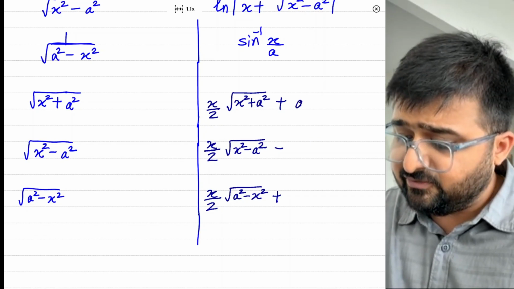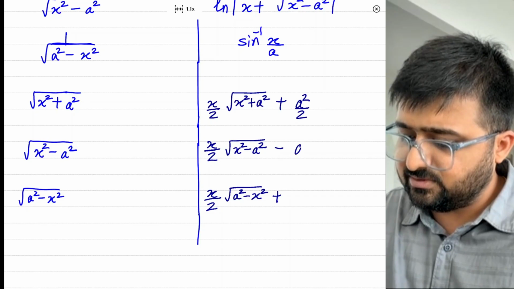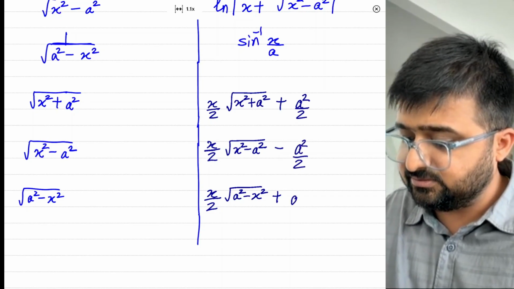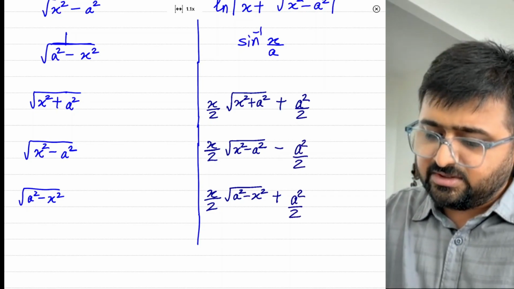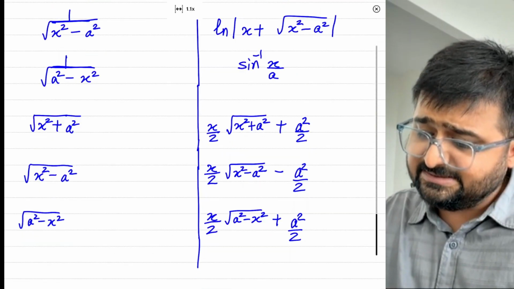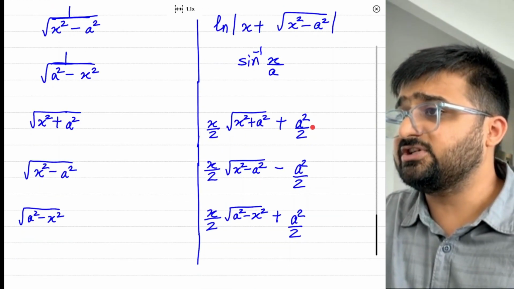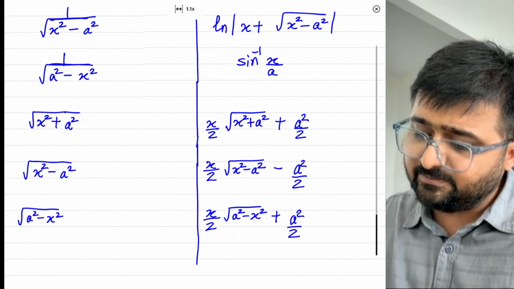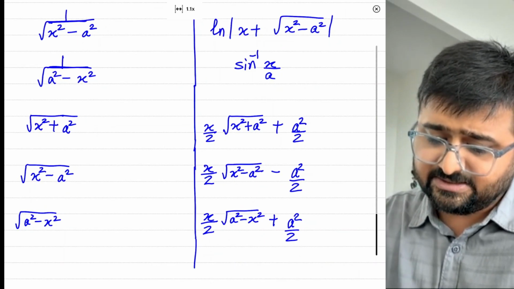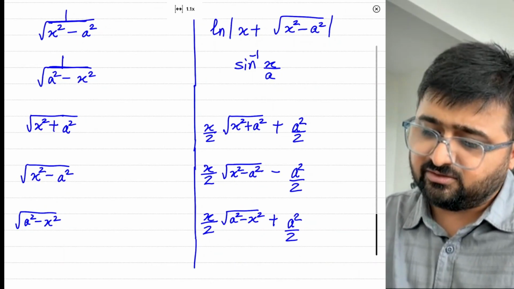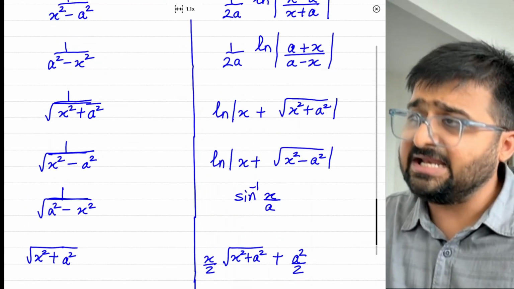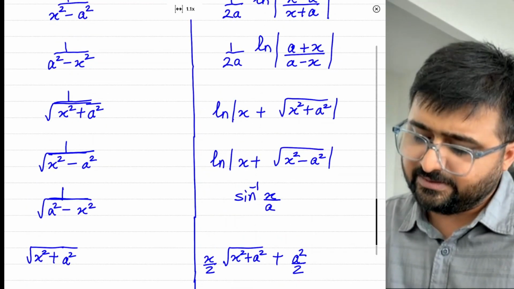And then we have a square by 2 everywhere. So a square by 2, a square by 2. After that, in that a square by 2, just multiply the formula of the reciprocal that you have for these. So for example, the integral of the reciprocal of this is nothing but ln of x plus square root of x square plus a square.